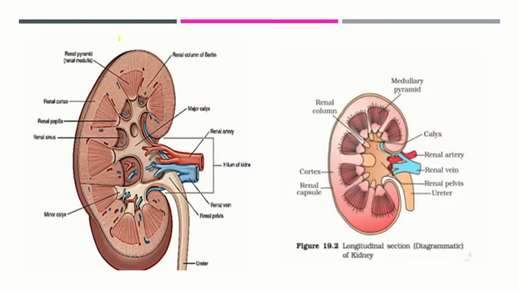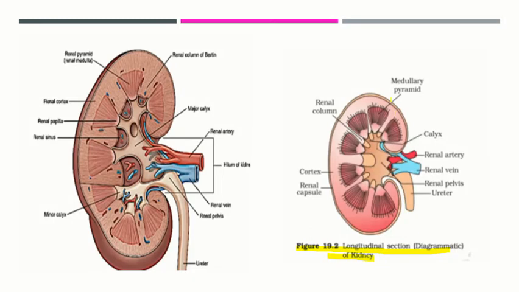Okay, now see the internal environment of the kidney, how the kidney looks after cutting. This is the NCERT page, the diagram taken from NCERT. It means NCERT says that you should have in-depth knowledge about the internal environment of the kidney.